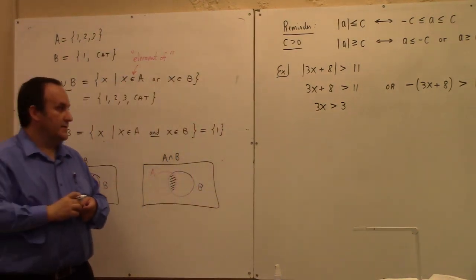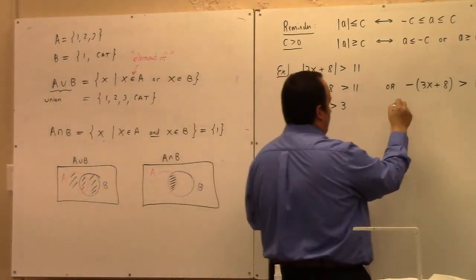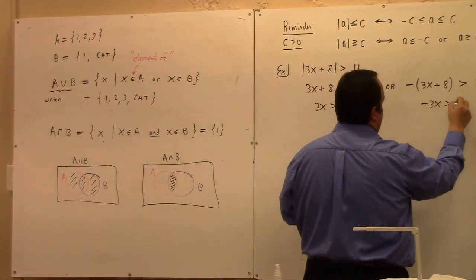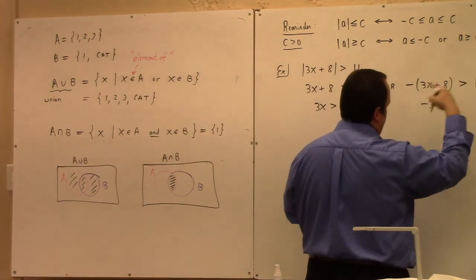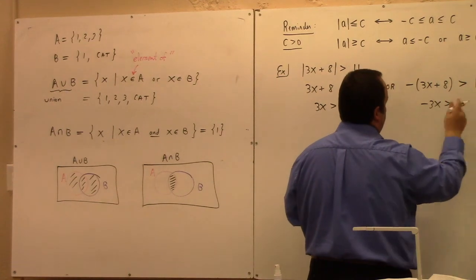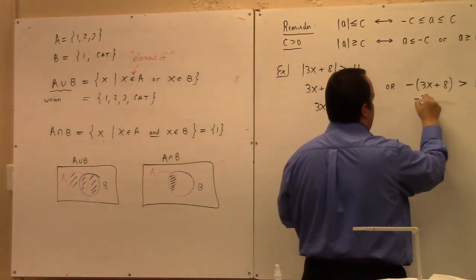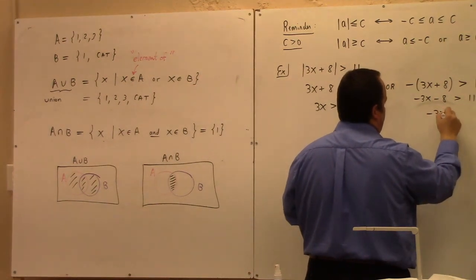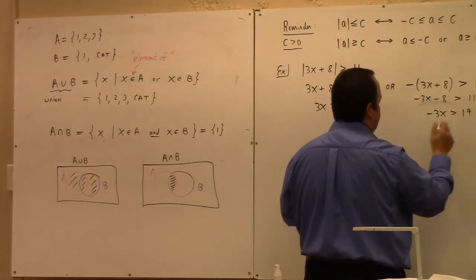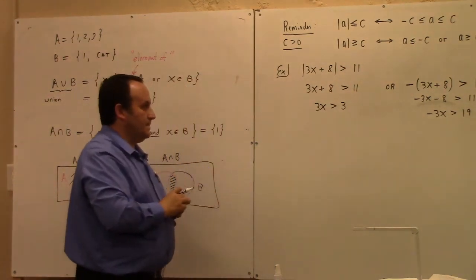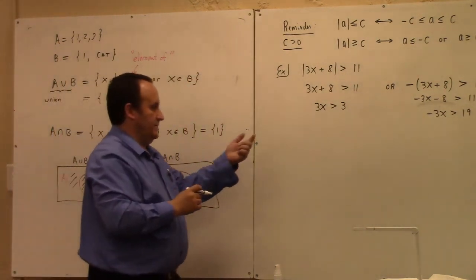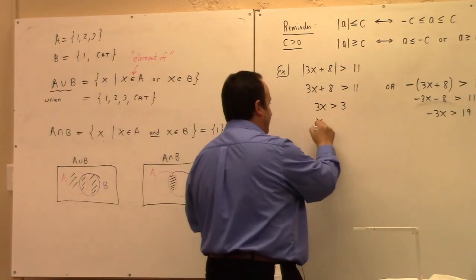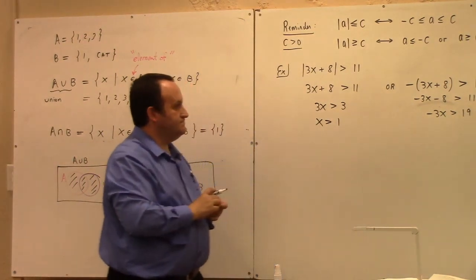On the other side, we've got minus 3x minus 8 greater than 11, and adding 8 to both sides gives minus 3x greater than 19. Over here, one more step and we're done: x is greater than 1.